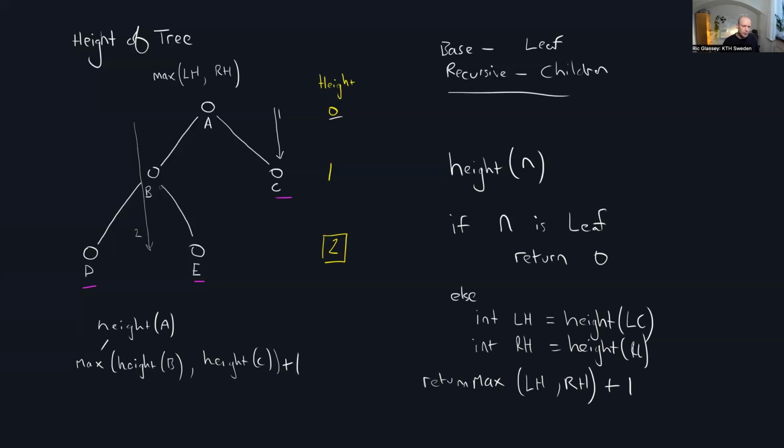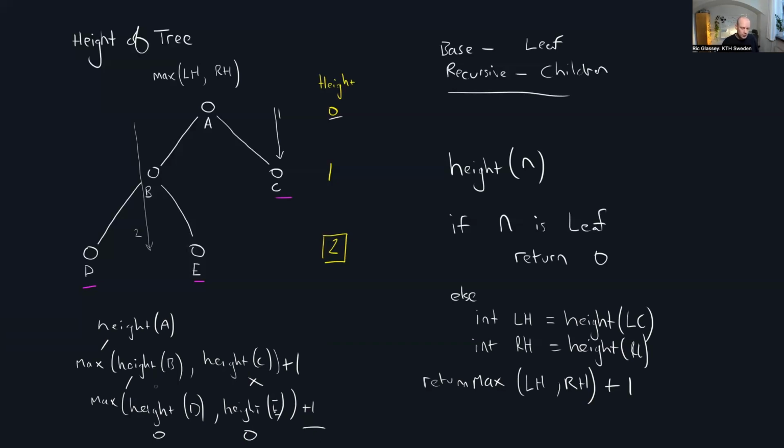B isn't a leaf node, so we also need to know the maximum of the height of D and the height of E, also plus 1. C is already a leaf node, so there's no more recursion there. Now we're at the leaf nodes. This returns 0, this returns 0, but crucially we add 1.